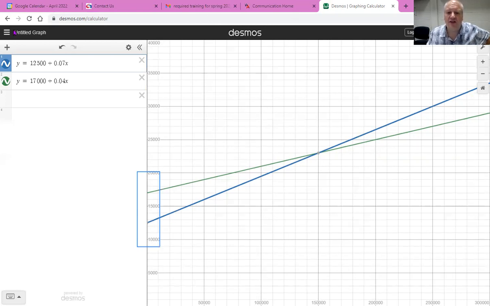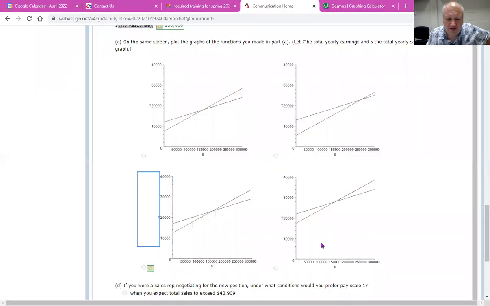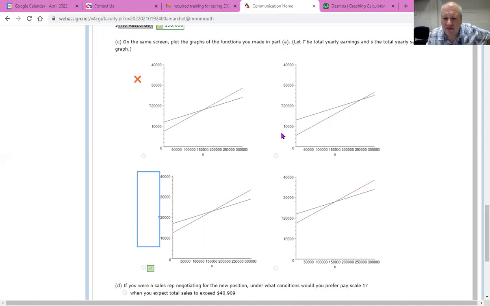So let's go back and look closely here. 12.5 and 17 can't be this one, can't be this one, can't be this one. It's got to be this one. And as you can see, there it is. Okay, so I hope that helps a little bit. Again, it's a matter of using the wrench to get those right.